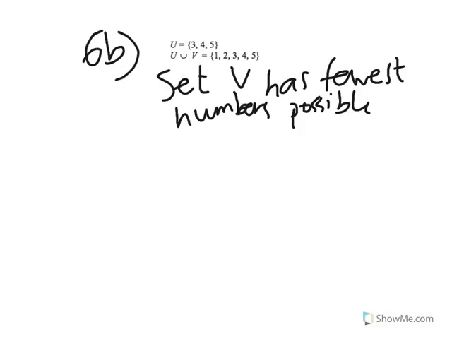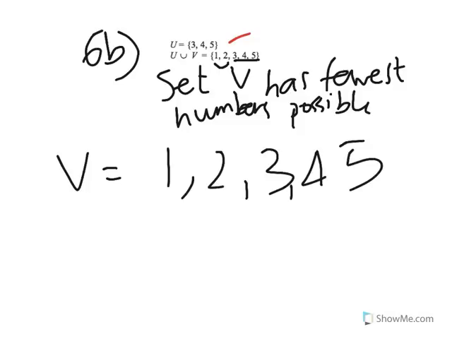Okay, question 6b. You're given a set U, and they're saying U union V is 1, 2, 3, 4, 5. Now, as you know, union is all the numbers that are possible. Now, 3, 4, 5 could have come from U, or it could have come from V. For all you know, V could have been 1, 2, 3, 4, and 5, and the union would have been the same value.